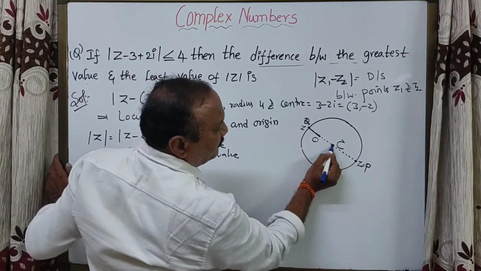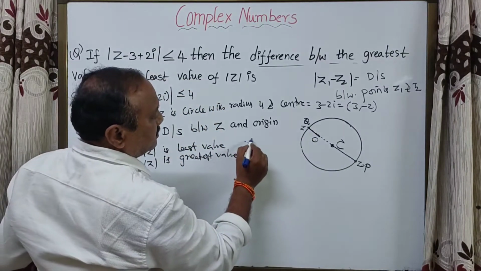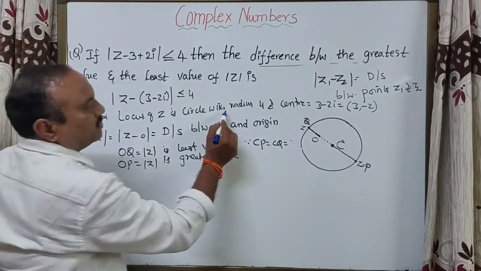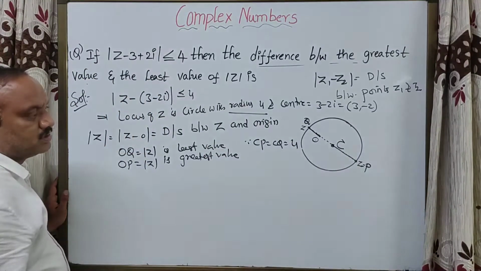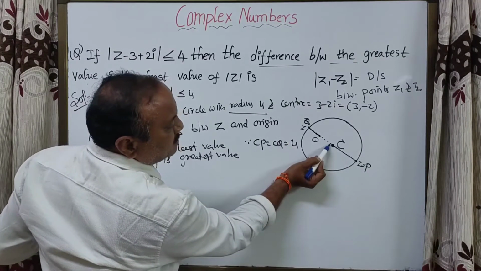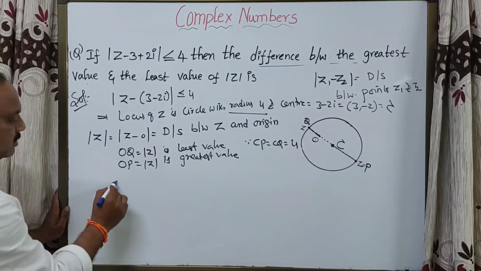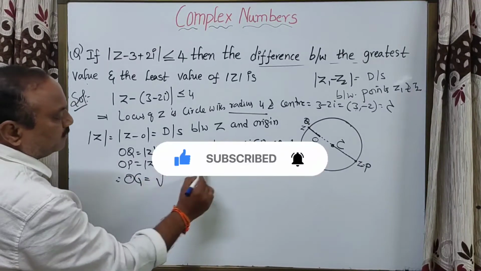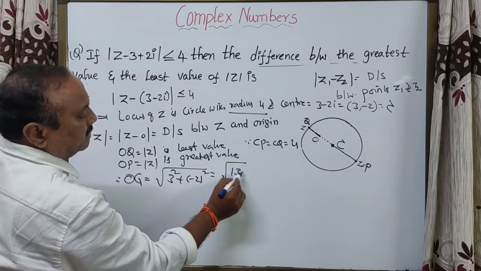Students, CP is the radius, CQ is the radius. How much is that radius here? 4. What is OC? Center C is 3 comma minus 2. OC equals root of 3 square plus minus 2 whole square, which is root 13.